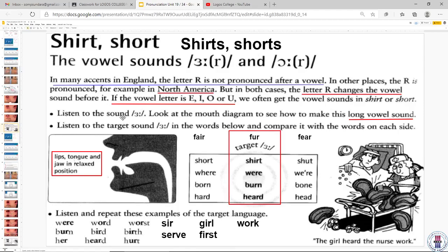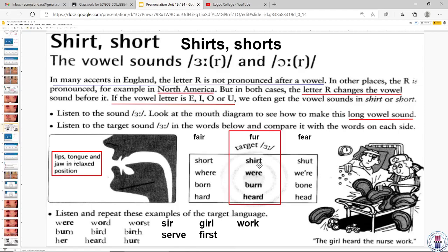All right. So this is the top of your page. On page 46 says, in many accents in England, the letter R is not pronounced after a vowel. In other places, the R is pronounced, for example, in North America. But in both cases, the letter R changes the vowel sound before it.